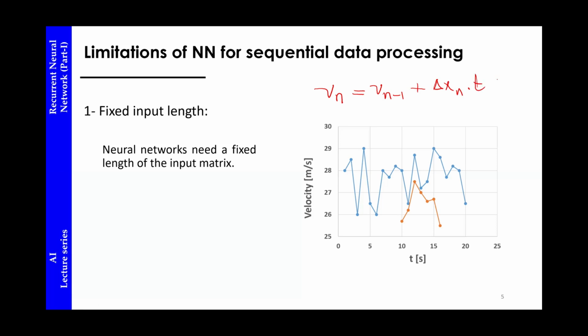If we plot two velocity profiles, one with 20 data points, the blue curve, if you count the blue dots, you see that there are 20 data points showing the velocity profile on the blue curve. And here we have 7 data points.